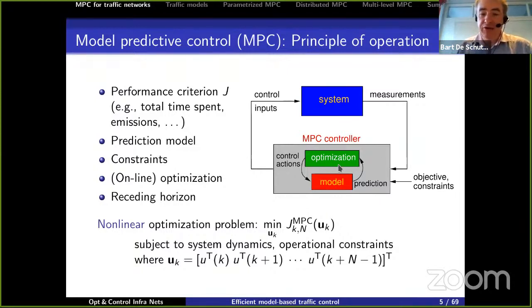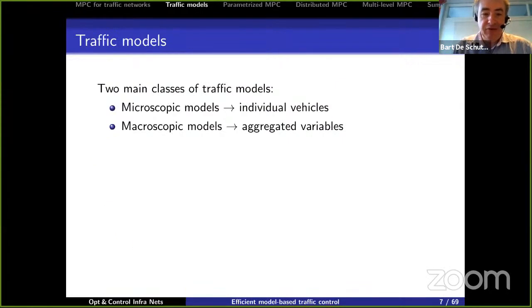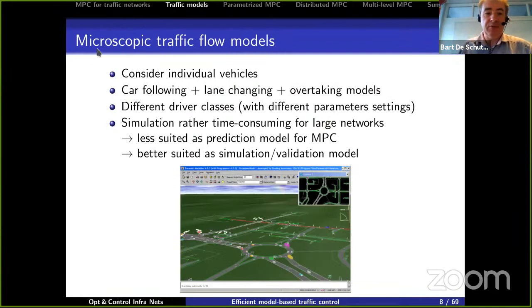That means you need to run your model very often within a limited time span. If we then have a very complex model, such as a microscopic model, it is less suited to be used as a prediction model for MPC, so as a model inside the optimization loop. However, for simulation or validation, these models are of course better suited because they model in a much more accurate way how the real traffic system behaves.